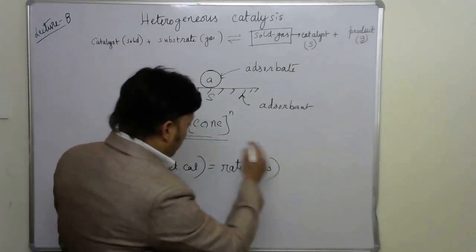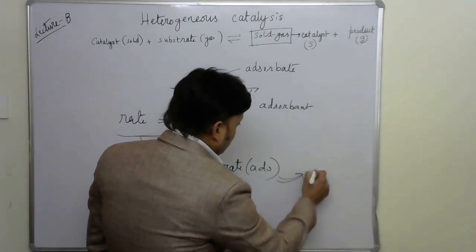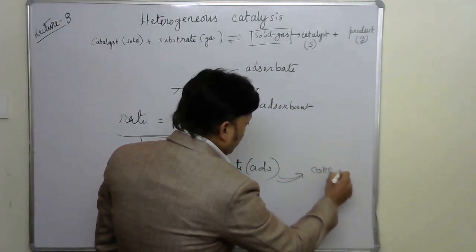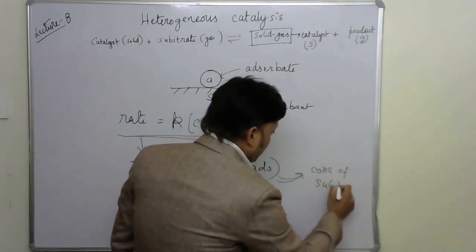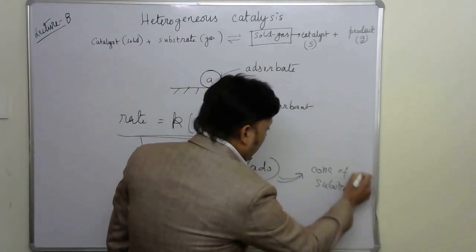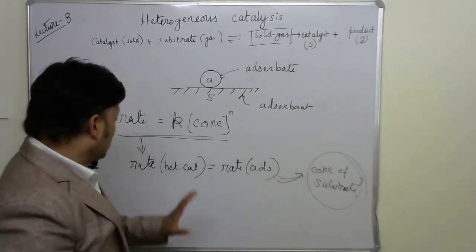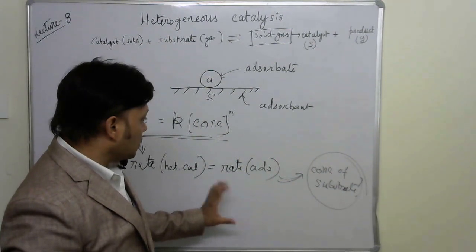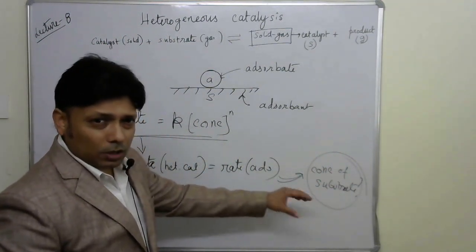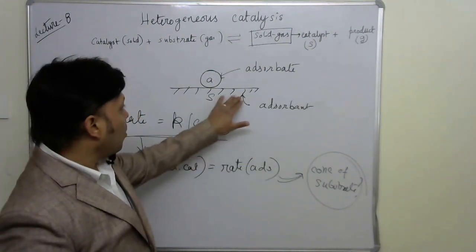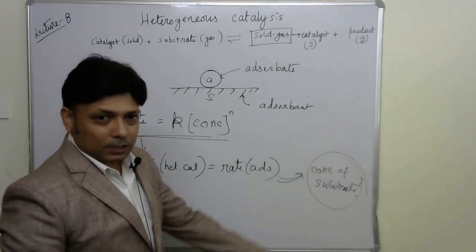The question is how the rate of adsorption is connected with the concentration of the substrate molecules, or anything else. That means how we can connect the rate of the heterogeneous catalysis, or the process of adsorption, with the concentration of the gas molecules or the availability of the adsorption sites.